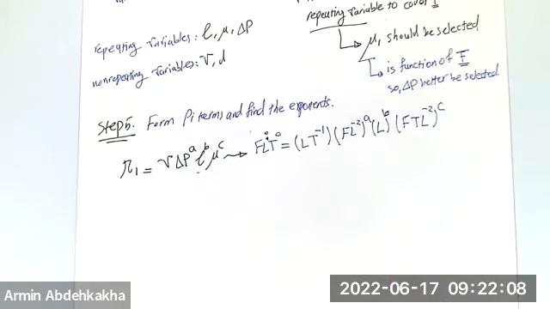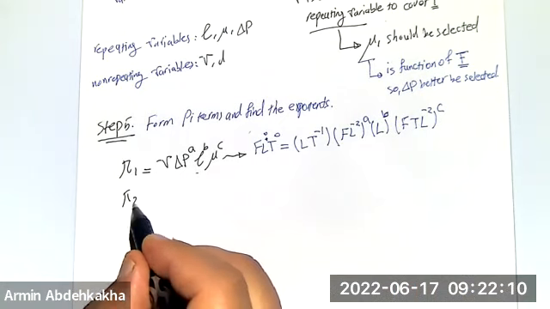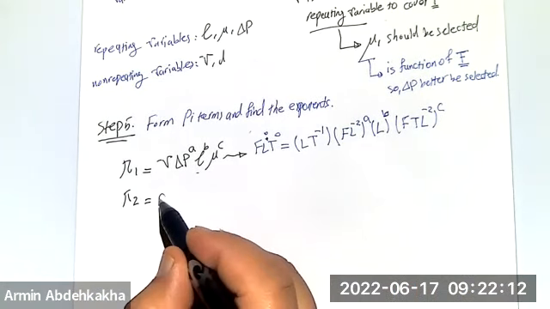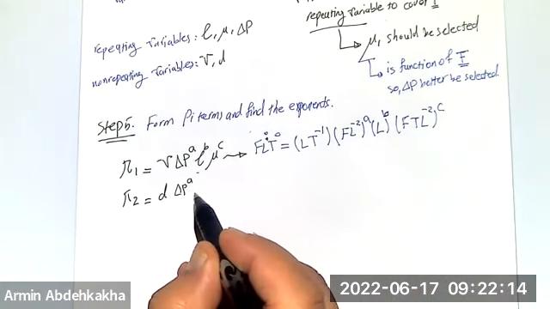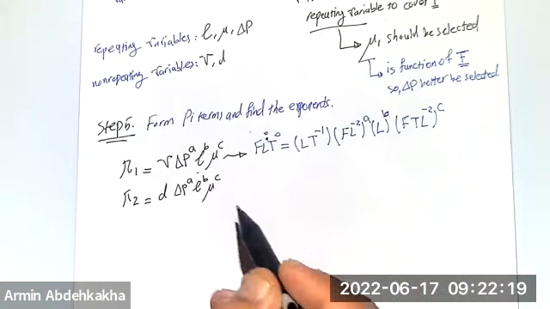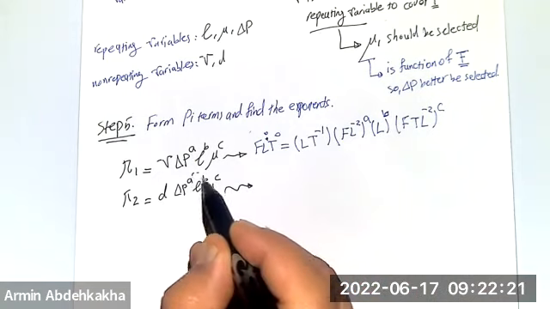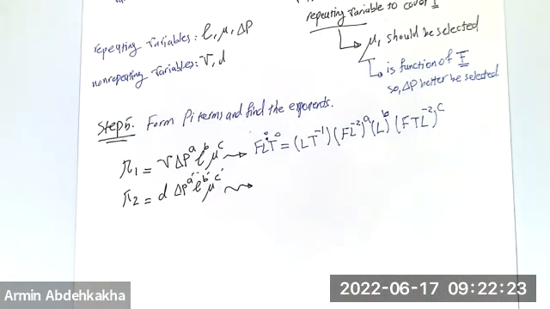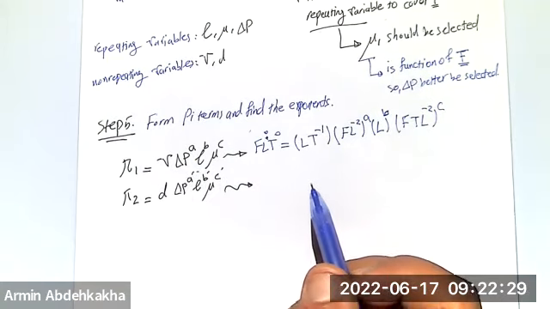For Pi2, we have D, delta P to the power of A, L to the power of B, and mu to the power of C. You can write primes here, okay? Just because it's easier to follow the solution.